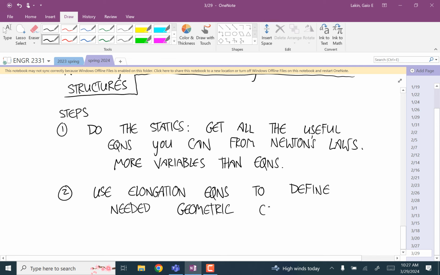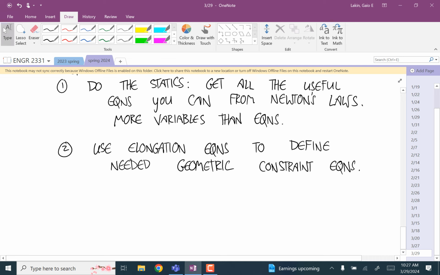Let's say geometric constraint equations. That's just always going to be the steps that you take on all of these statically indeterminate problems. You come up with a number of equations and a number of variables. You can't solve it. That's how you know it's statically indeterminate. And then you use the macroscopic change equations to give you your geometric constraints.